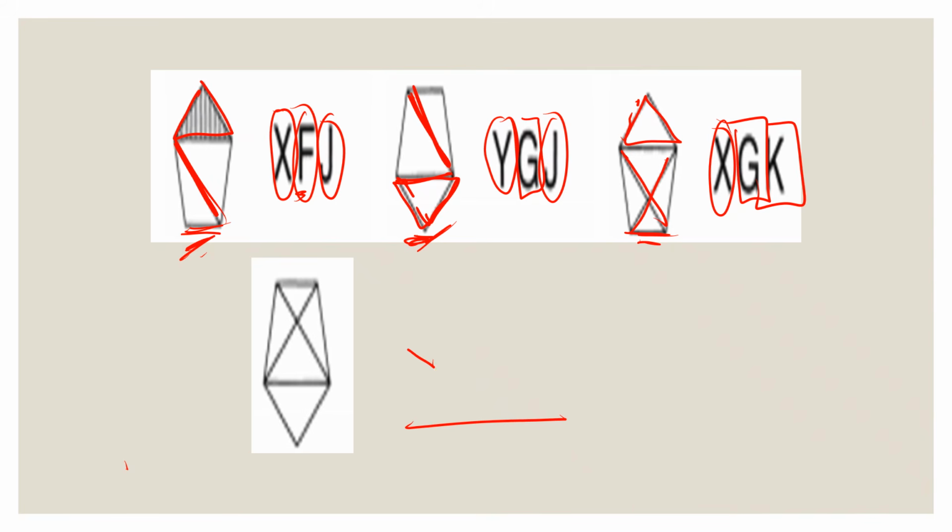So this one would have the letter Y. Next, the roof here is not shaded, so that would give us the letter G. And finally, there are two diagonal lines in this, so this one would give us the letter K. So this figure should have Y, G, K.